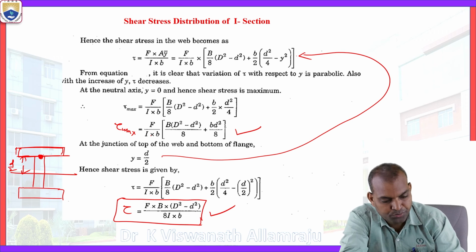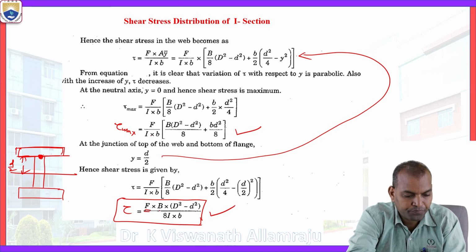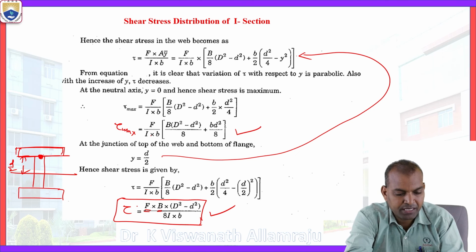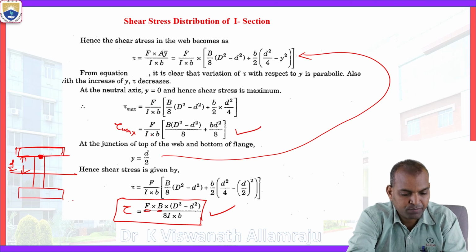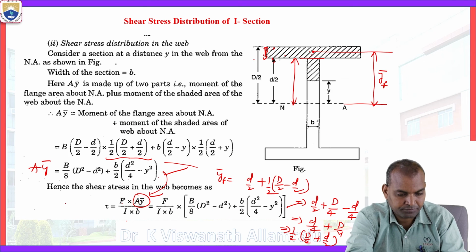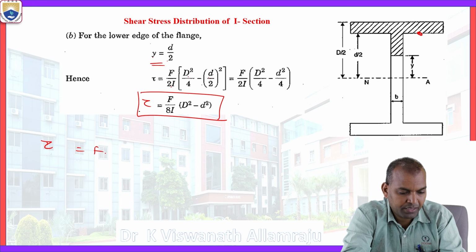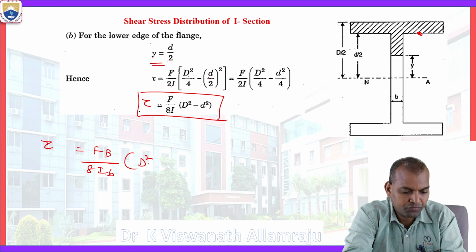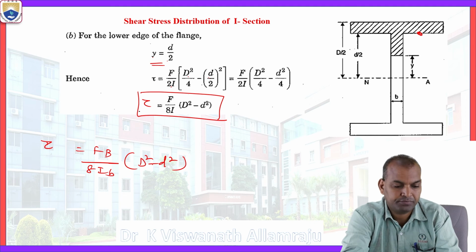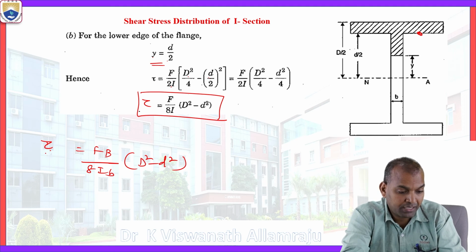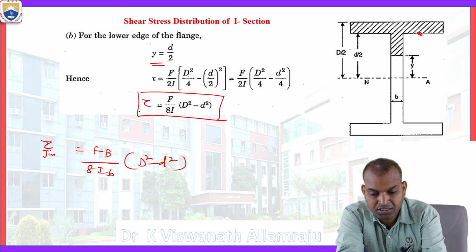Then we have to substitute the F value and B in FB by 8 IB times capital D square minus small d square. This is where, at the junction. Where is the junction? Here it is the junction. How it varies.